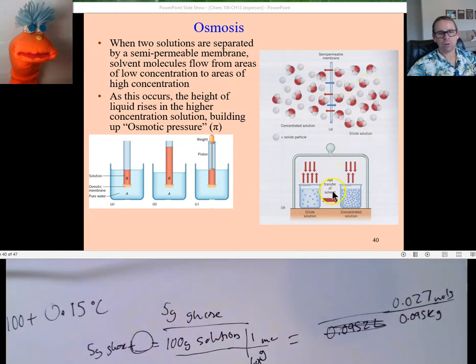Now, if you look at this scenario here, concentrated solution on the right, dilute solution on the left. As we said, if this container is sealed, molecules will evaporate up and also molecules will condense down. Well, the rate at which molecules will evaporate away here will be higher because there are more solute molecules here, more intermolecular forces that need to be overcome for the water molecule to leave.